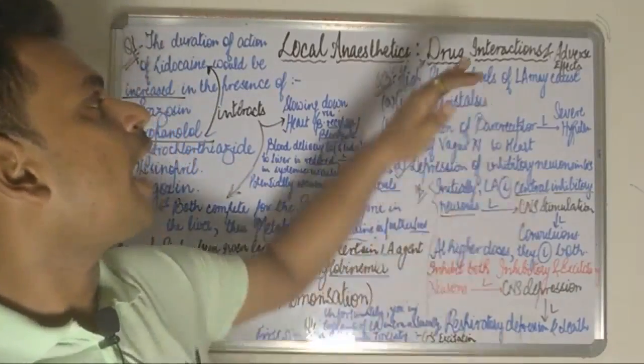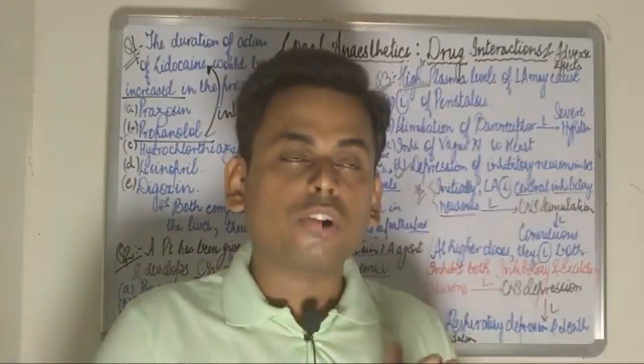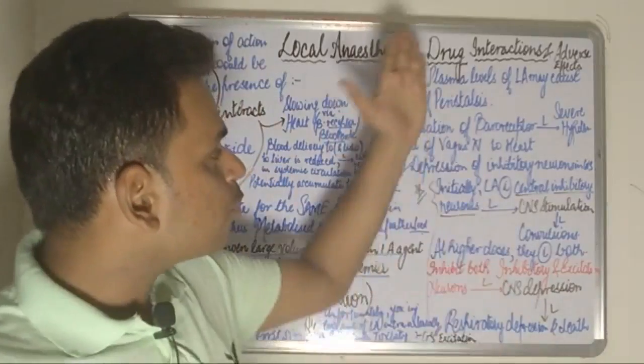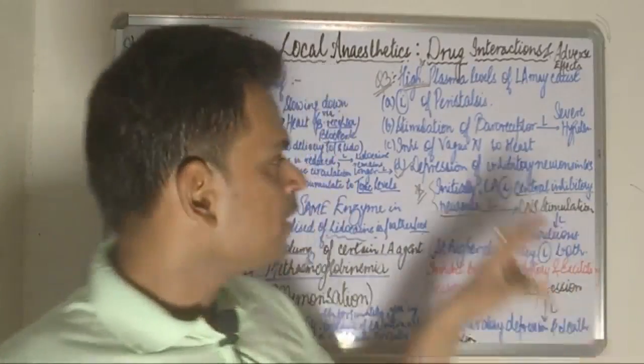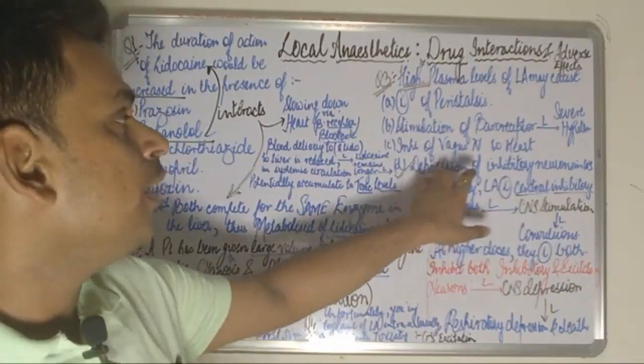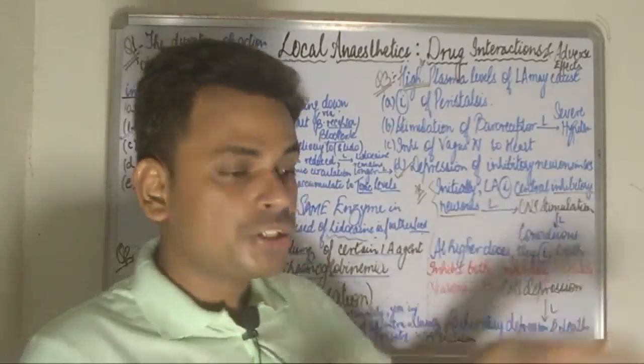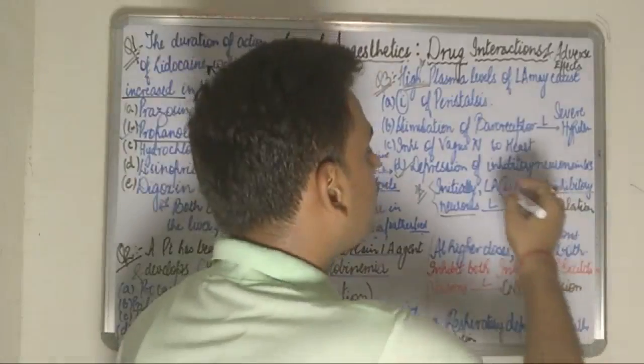So students, for the high levels of local anesthetic, out of these four options, we need to choose the most correct option. So here the answer is depression of the inhibitory neurons in the central nervous system.